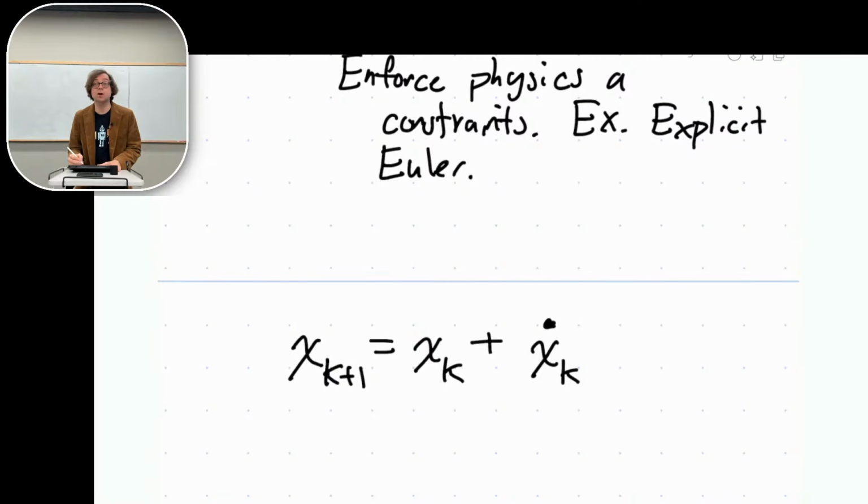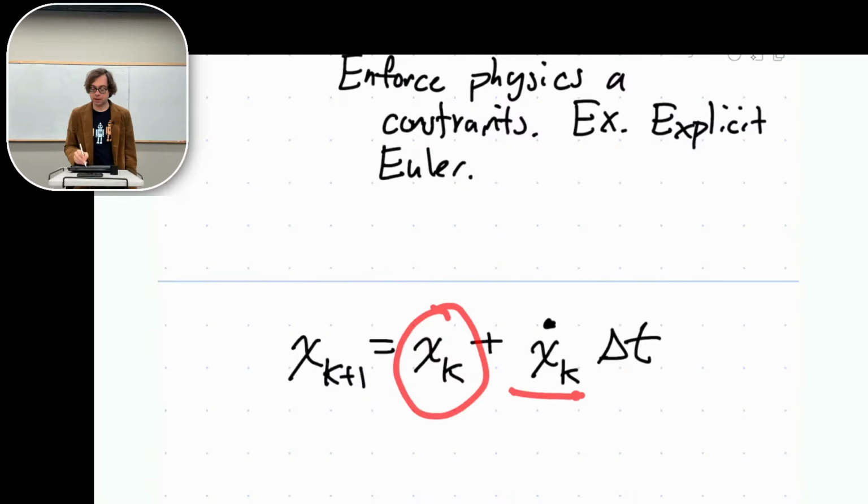It's often called h, but here I'll call it delta t just for obviousness' sake. That's the time step. Great granddaddy Euler says, hey, where am I now? How fast am I changing? How long am I changing for? That's where I'm at.